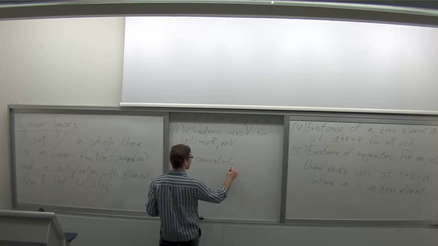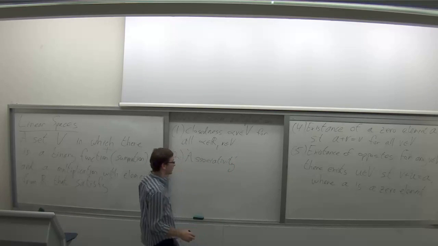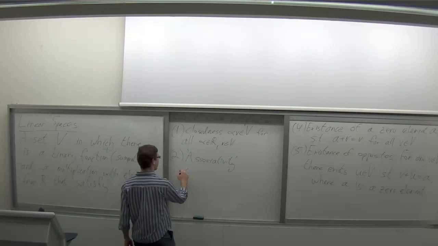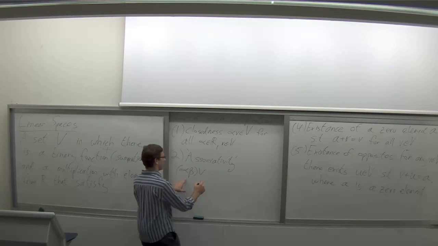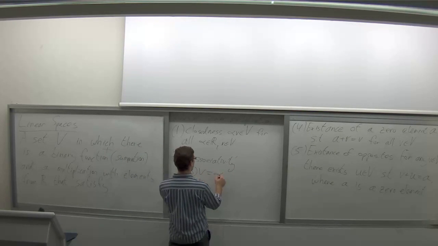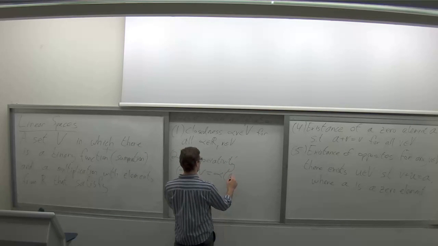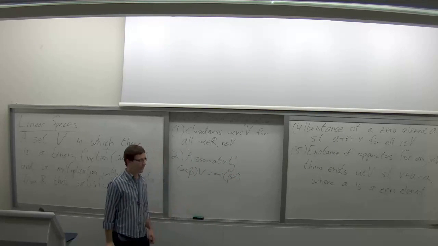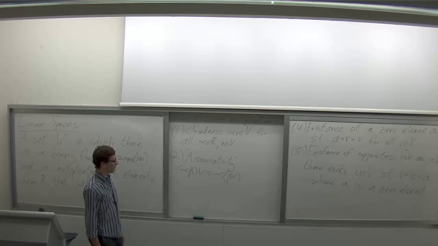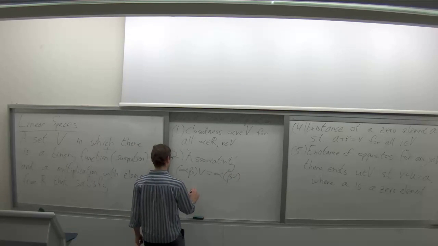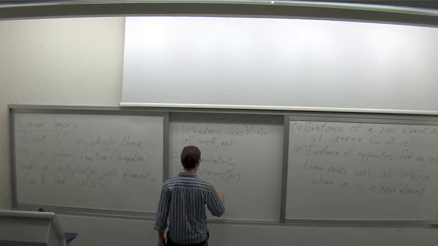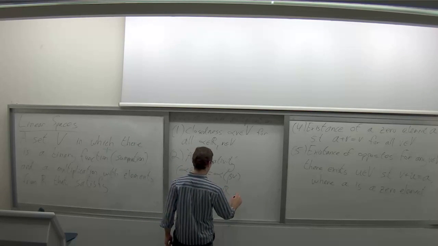I discussed it a lot in the first lecture. So alpha beta V, if I multiply first in R and then by V, it has to be equal if I multiply alpha by the vector beta V, for all alpha, beta in R, V in V.